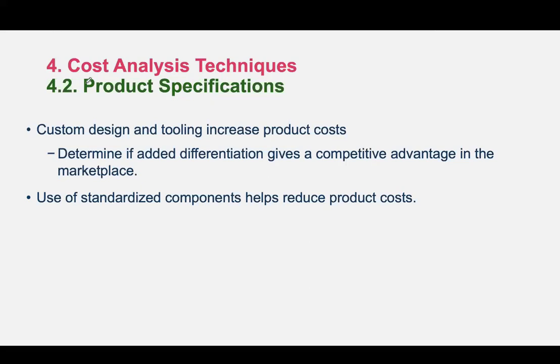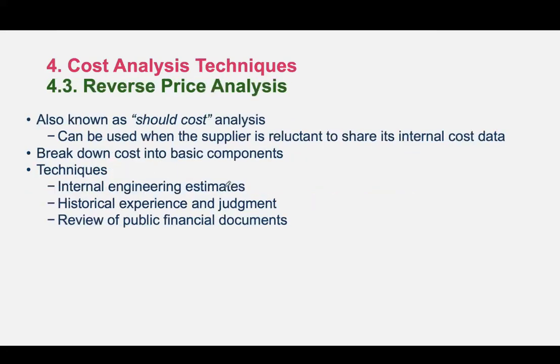This is something that a supply manager needs to consider, that if they are asking for more customization, then their product will become expensive. And if they want to buy that product economically at a lower price, then they need to go for more standardized components.